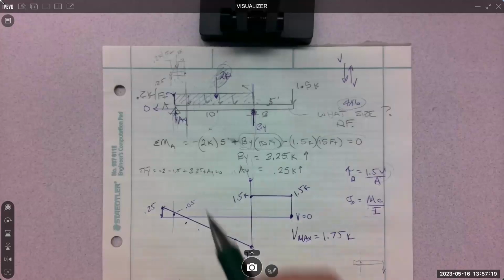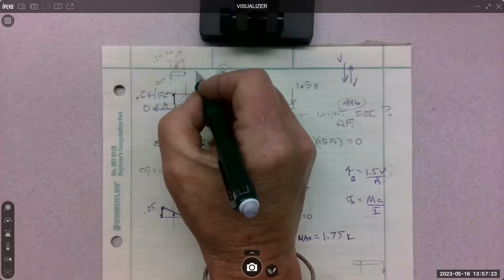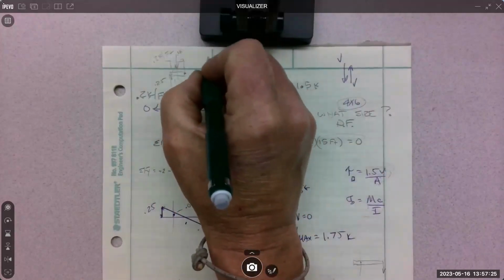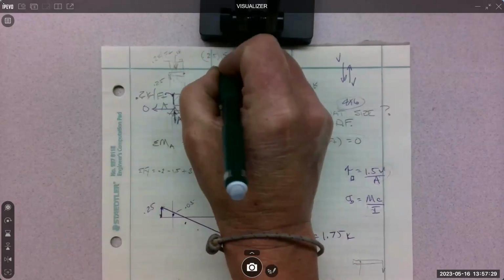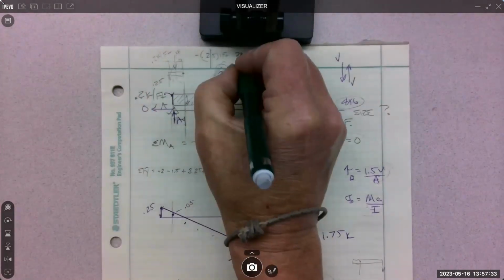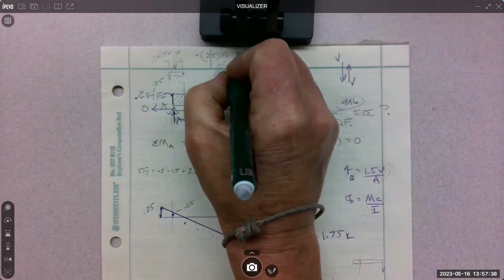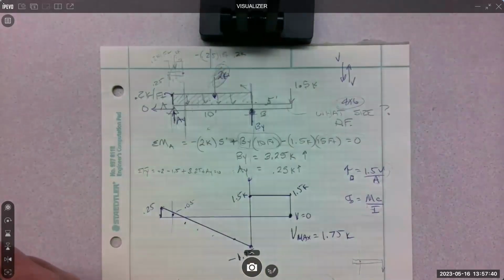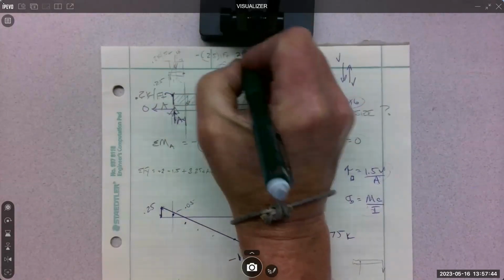So what's it going to be? The 0.25 is going clockwise. So it's negative 0.25 times 1 foot. And then this one is 0.2 K times 0.5, and it's positive.